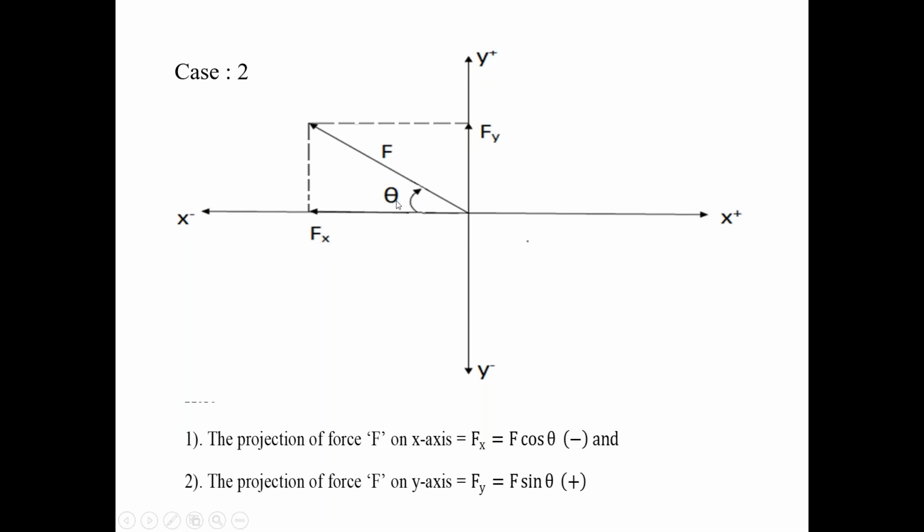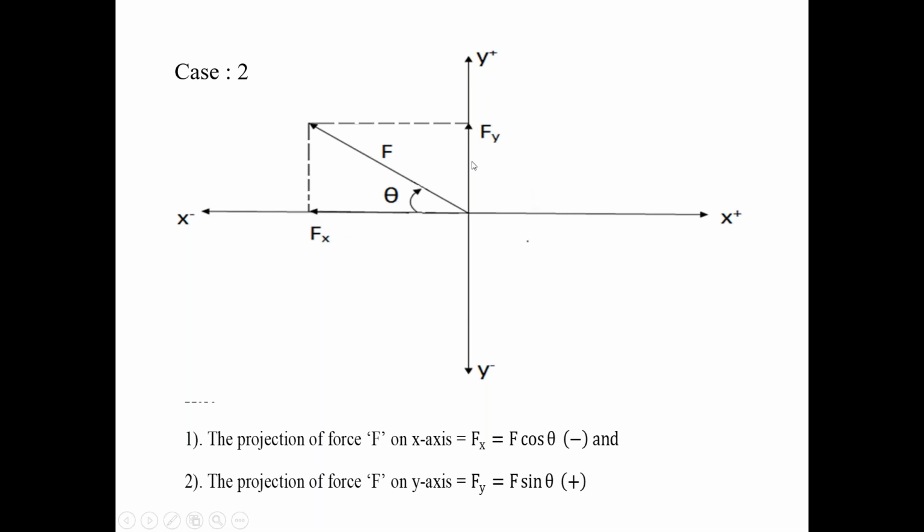Here also, cos theta is equal to adjacent side Fx divided by hypotenuse F. So Fx is equal to F cos theta. But look at the direction of projection Fx. In condition 2, the direction of Fx is towards the negative x-axis. So this Fx projection is the negative projection.